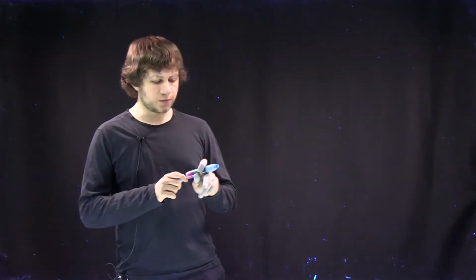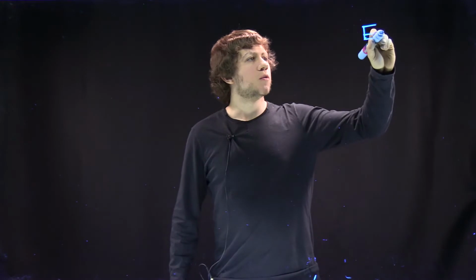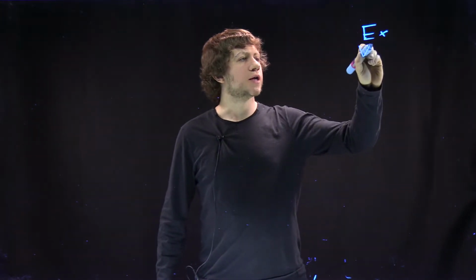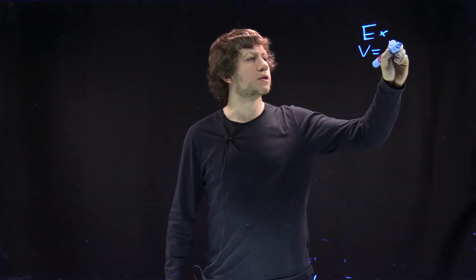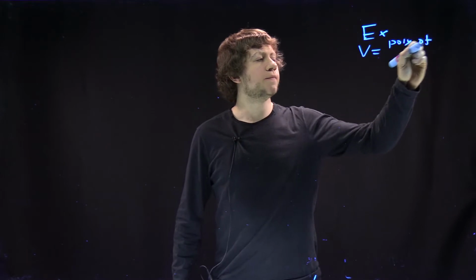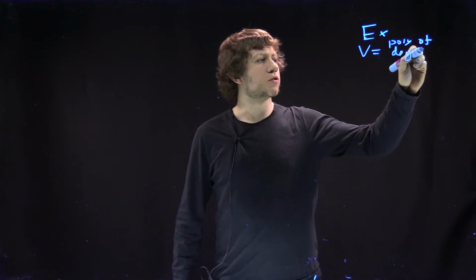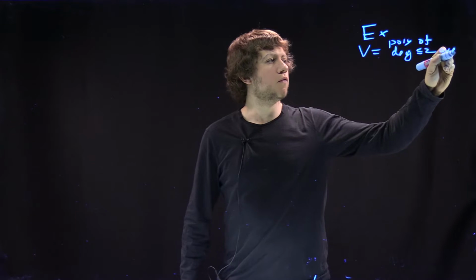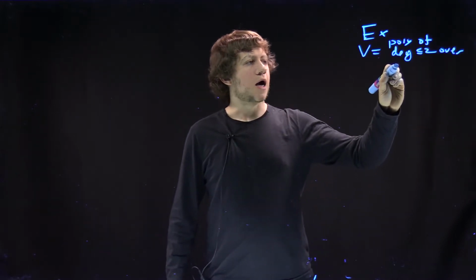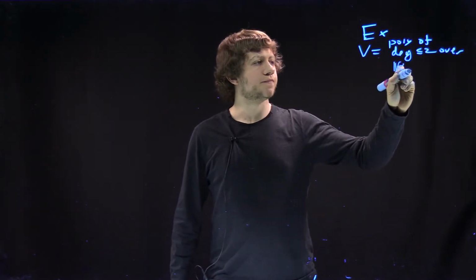Okay, let's consider one more example. So we take a vector space which will be polynomials of degree less or equal than 2 over a field, I don't know, real numbers.